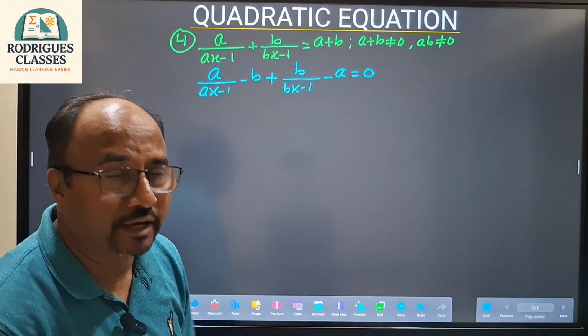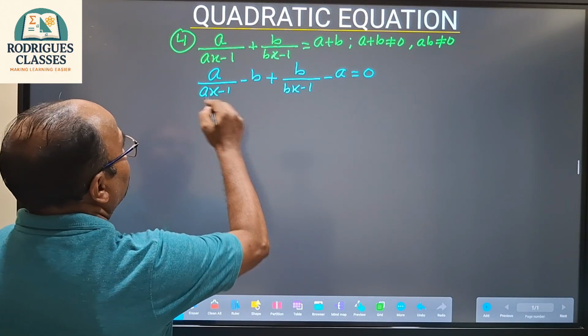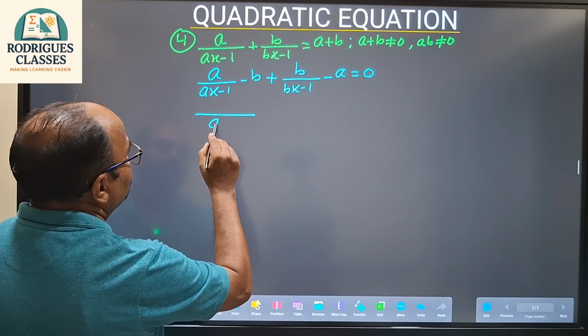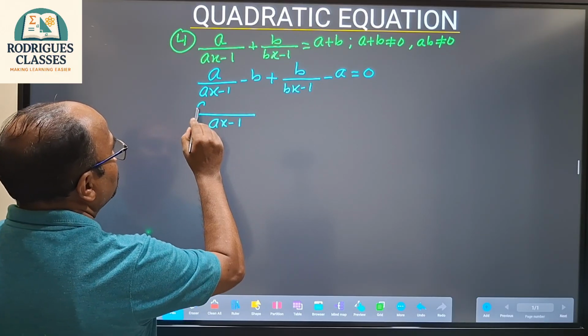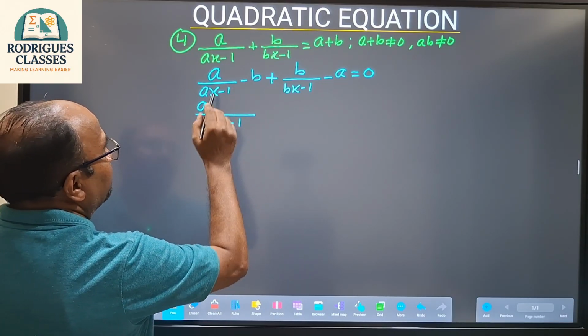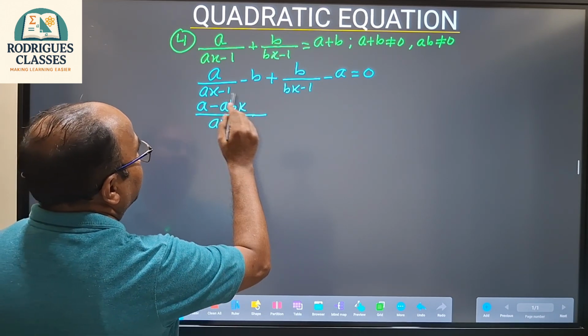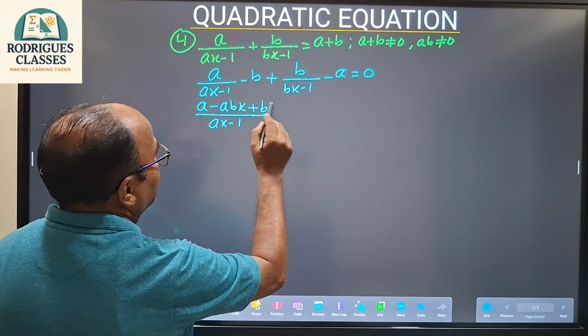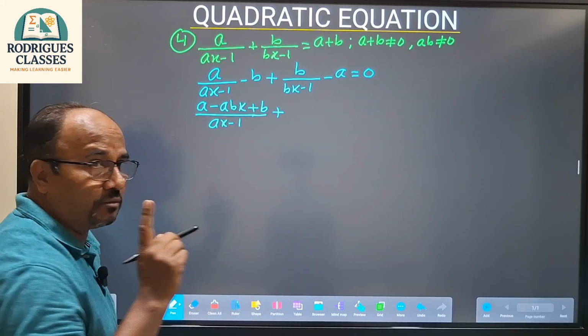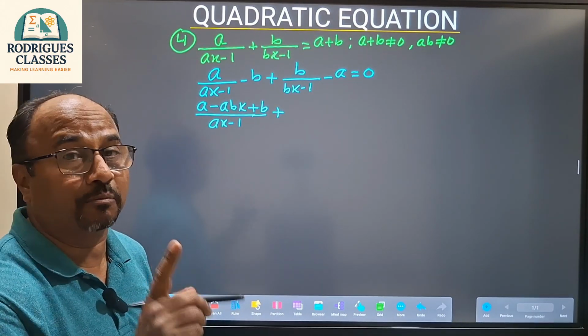So let us take a look at what is happening. We solve only with this part. So ax minus 1, you get a, minus b will multiply with this, so minus abx, and minus 1 and minus b will become plus b. Be careful that you have to multiply with minus b, not b.